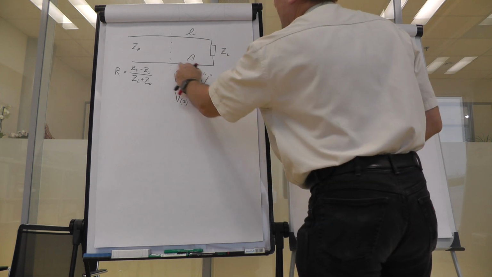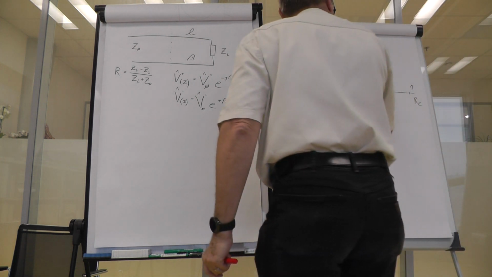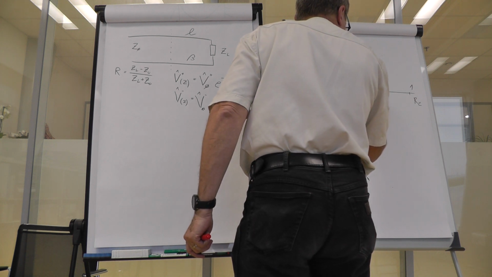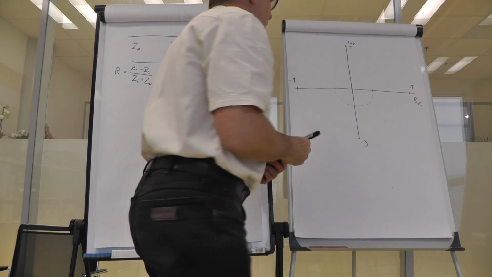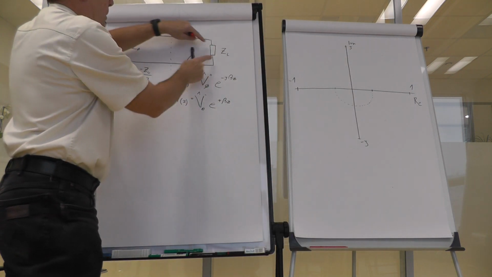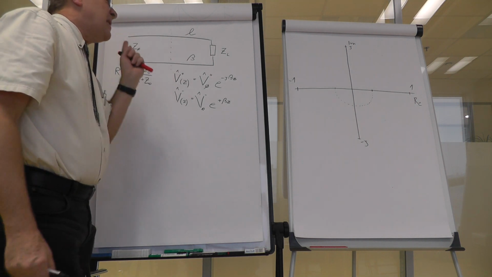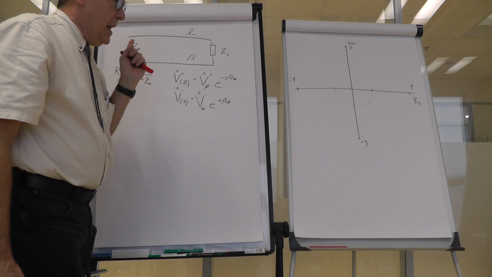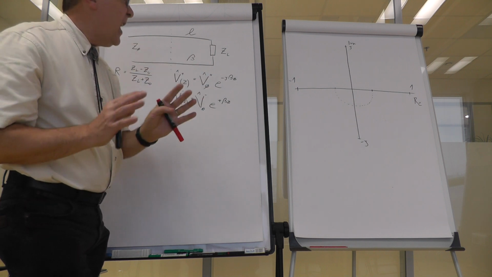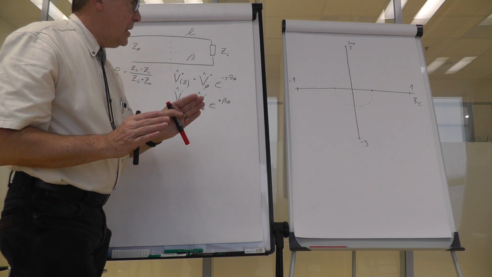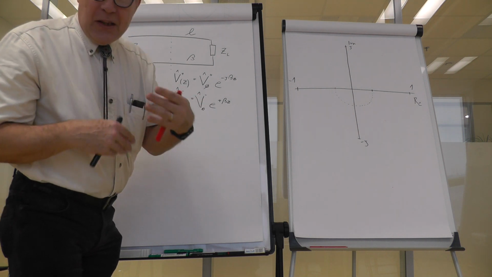So 1/4 wavelength from there, those two voltages and currents would result in a reflection 1/4 wavelength from this load. We would measure again a real load, but this time it would be in opposite phase. So the magnitude did not change, we have an opposite phase, which is a different load.